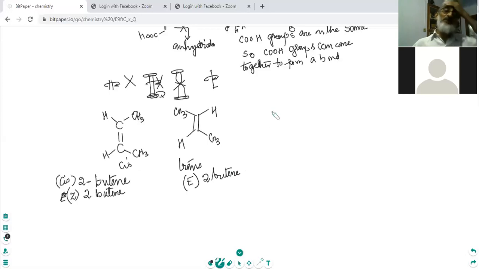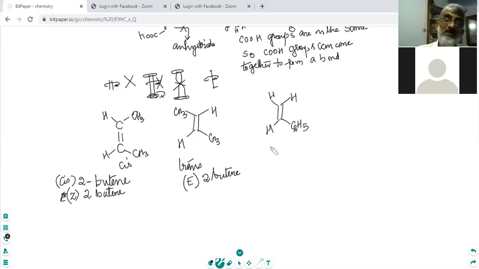But remember, 1-butene will not show geometric isomerism. This is 1-butene, with C2H5 here and H here. Why? Because you don't have two different groups on this carbon. So what is the requirement for a compound to show geometric isomerism?